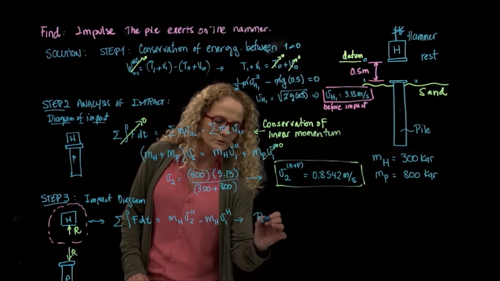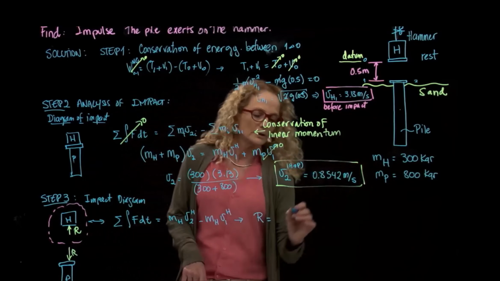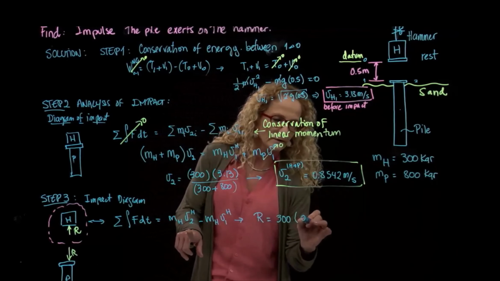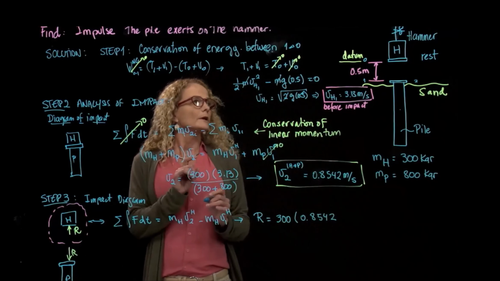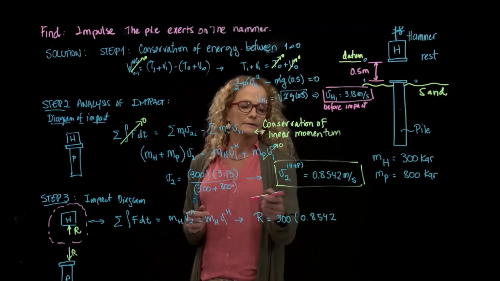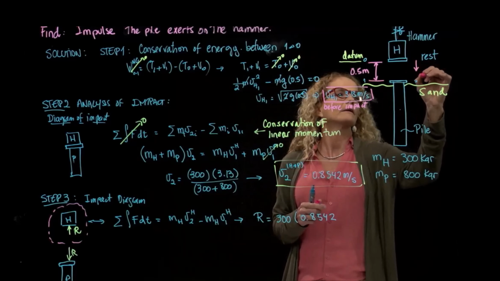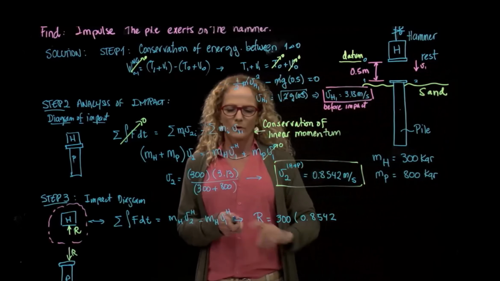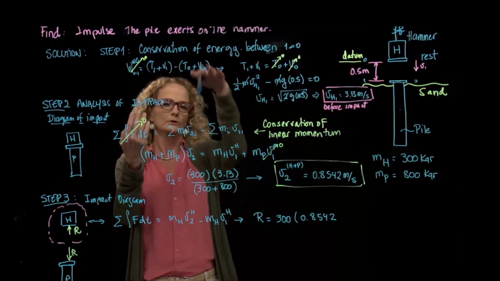Therefore, the reaction that I'm looking for will be equal to the mass of the hammer, which is 300, times the velocity 2, which is found. We have to be careful with the sign, because here we will get a negative sign in the sense that we are naming this as positive. This is our velocity. So if this is the velocity, you will see that our force has to go in the opposite direction of the motion.